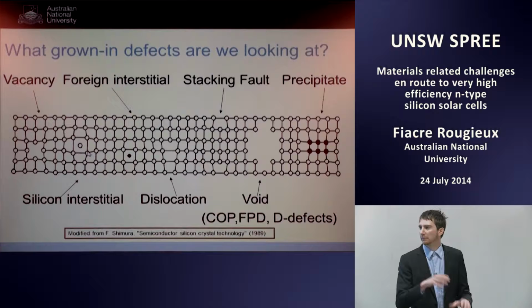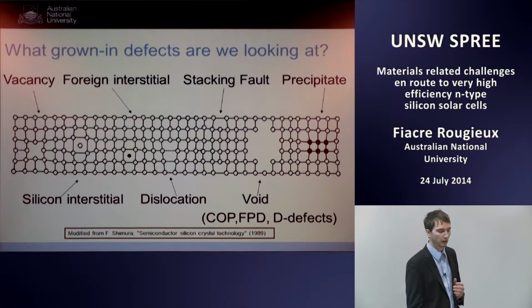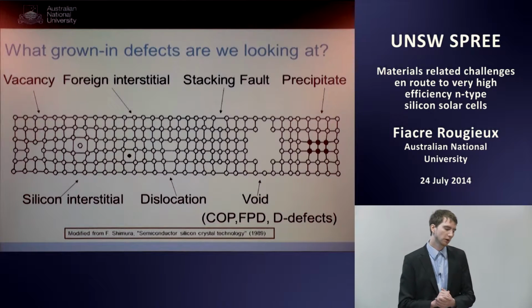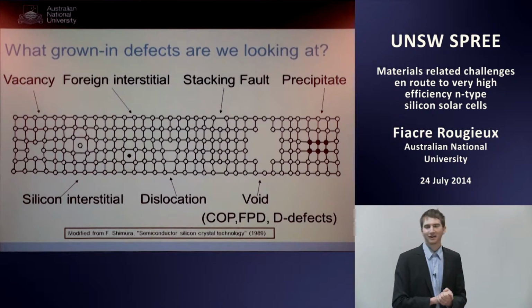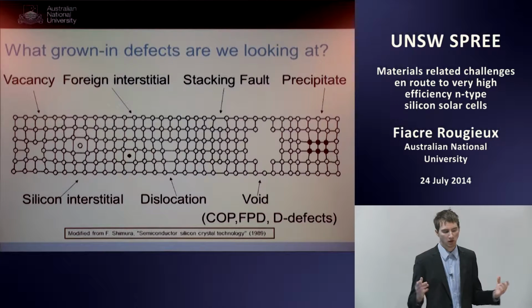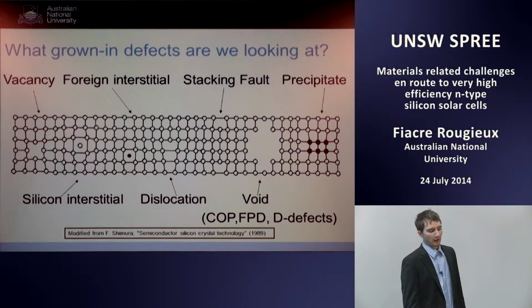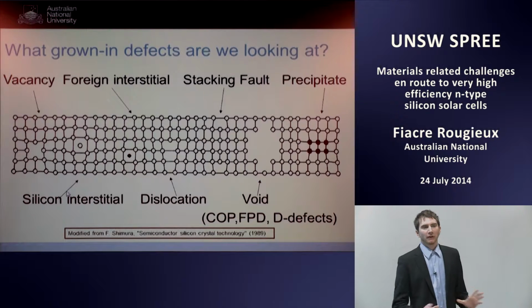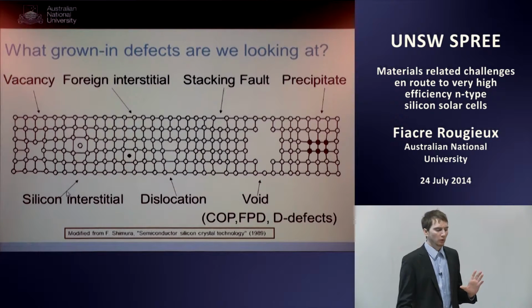Basically this depends on the growth parameters. And we can also have foreign interstitials. Typically in CZ silicon, in Czochralski grown silicon, it's going to be oxygen above 1E17. So these are the main three point defects. We can have other light elements such as carbon, nitrogen, hydrogen, but the main one is going to be oxygen for us.